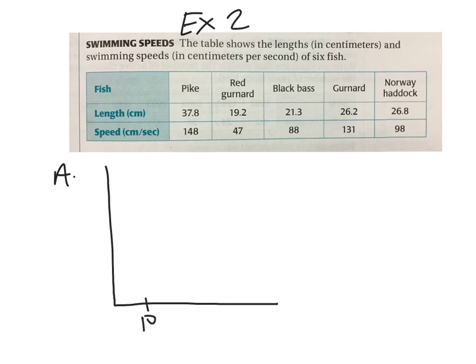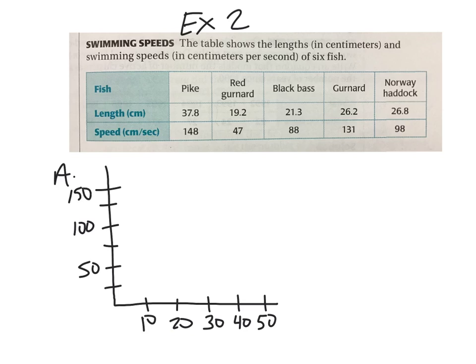So I'm going to go by tens, going across, and then going up. Going across was length, and going up was speed. And it is very important you label.